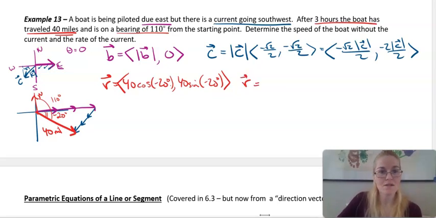But I also know that R is going to equal, well, 3 times B plus 3 times C. We see it 1, 2, 3, 1, 2, 3. That's my R. So what does that mean specifically?